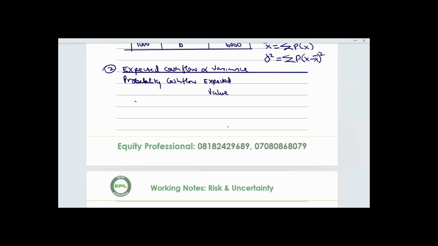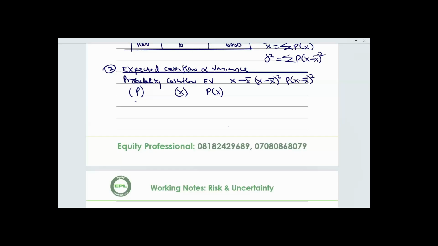Let me shorten it. Probability is P, cash flow is X. Expected value is probability multiplied by cash flow. Then to get the variance, you say cash flow minus expected value, cash flow minus expected value squared. Then probability times cash flow minus expected value squared.